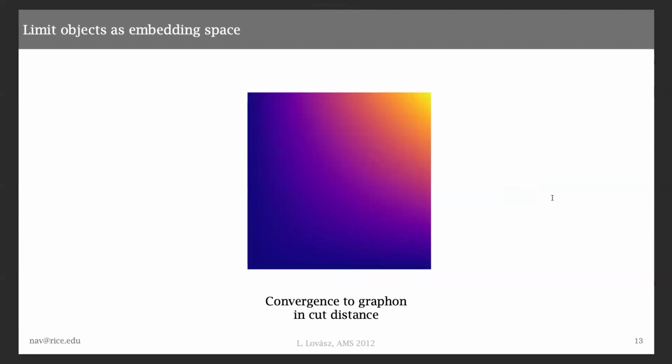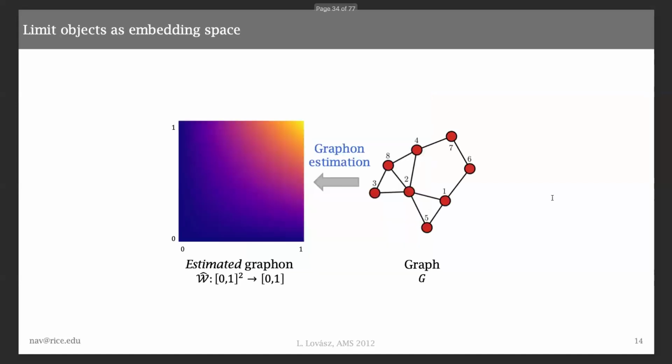Because this graphon is associated with a convergent sequence of graphs, it describes a family of graphs with a similar structure. Graphon estimation is a very common task, where you take a single graph and try to estimate the graphon that describes the family to which your graph belongs.